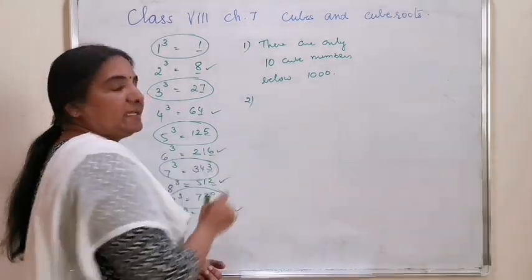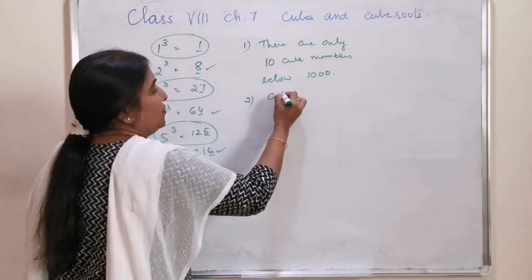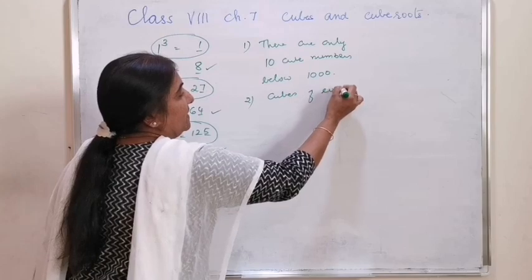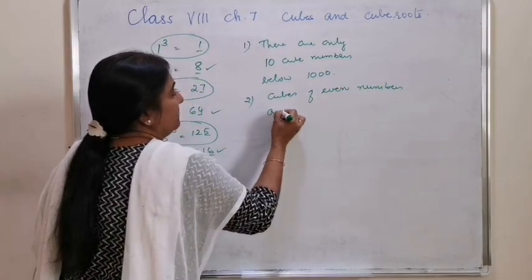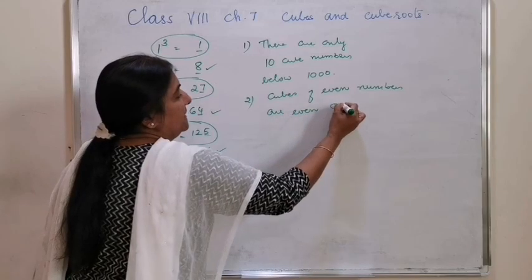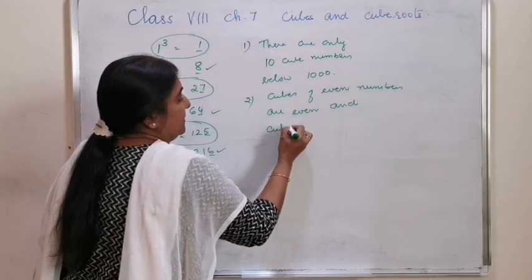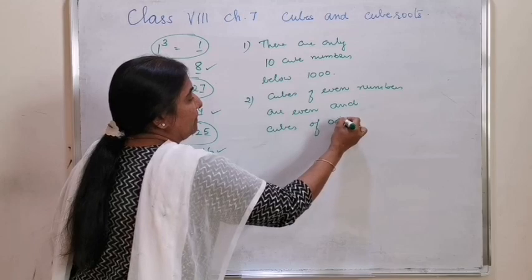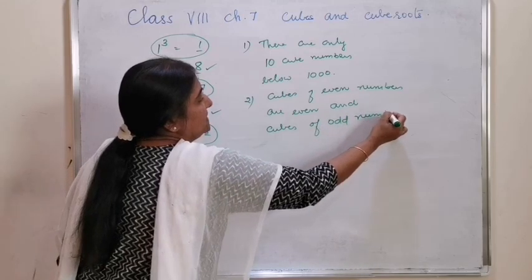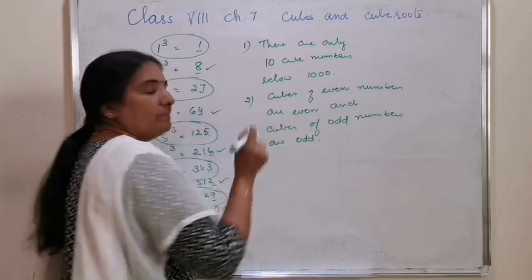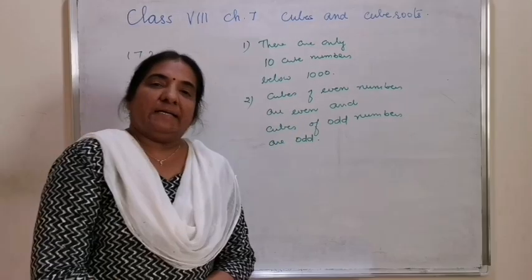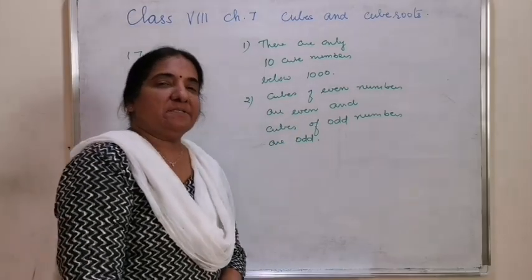So you can take it as cubes of even numbers are even and cubes of odd numbers are odd.